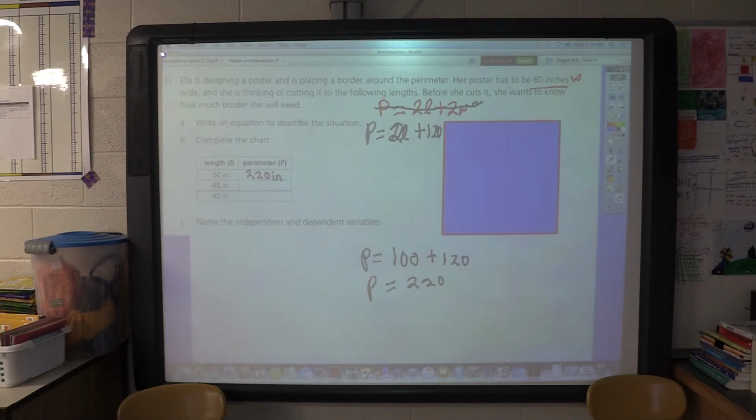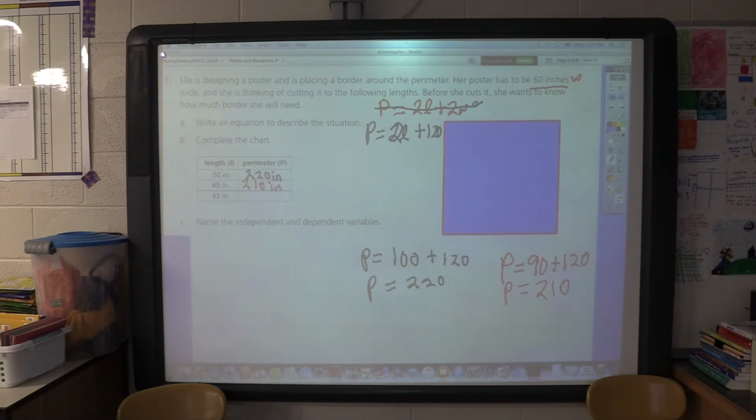Now here it says 45 inches for the length. Okay, boys and girls, what's 2 times 45? 2 times 45 is 90. So perimeter is going to equal 90 inches plus 120 inches, and that's going to be what, children? 210. So here it's going to be 210, and my unit to measure is inches.